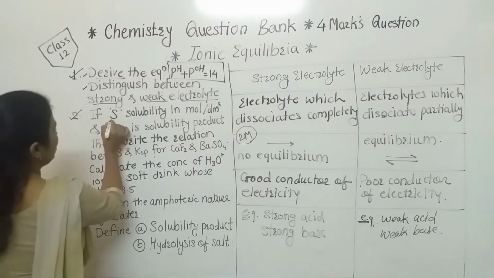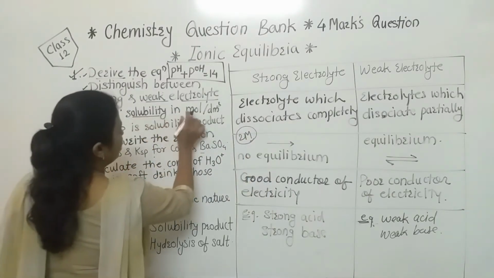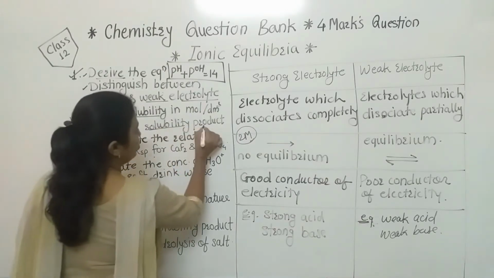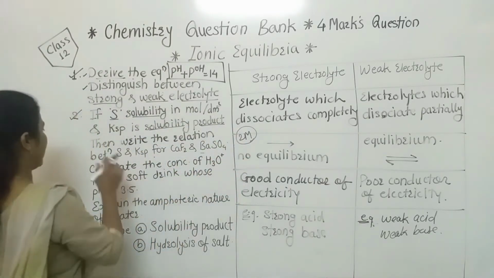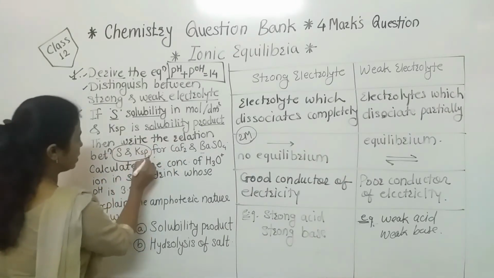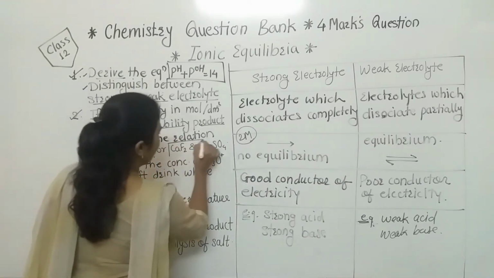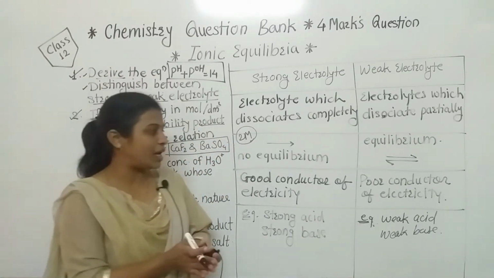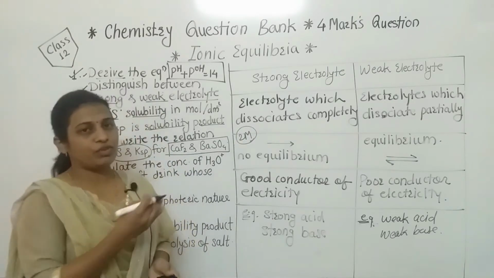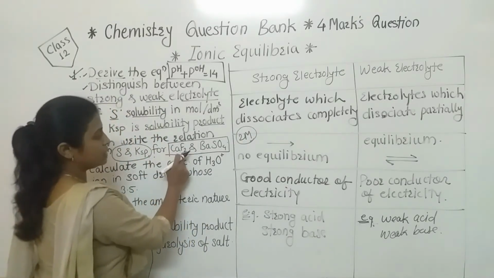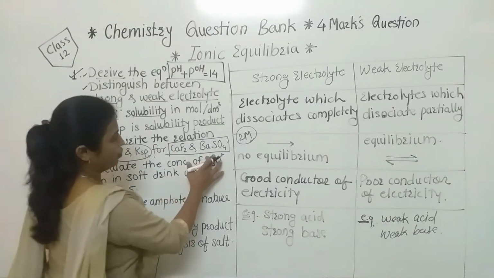Next one, if S is solubility in moles per decimeter cube and Ksp is the solubility product, as we know that, then write the relation between S and Ksp for CaF2 and BaSO4. So simply we know that relation. So based on that one, we have to write this Ksp and S relation for the CaF2 and BaSO4.